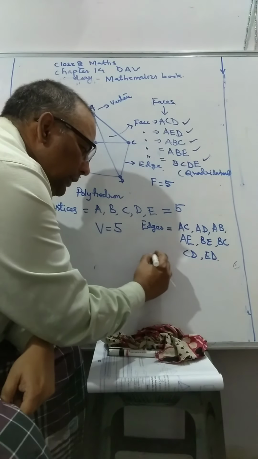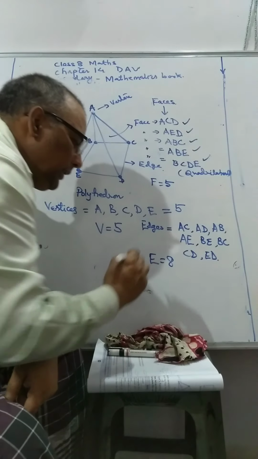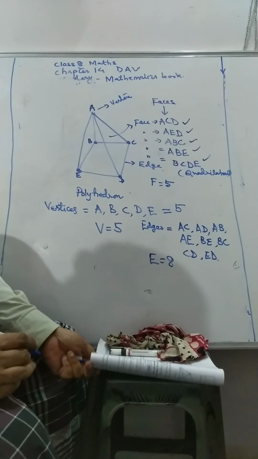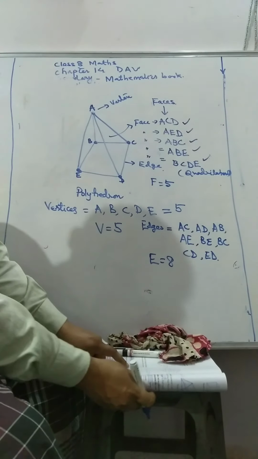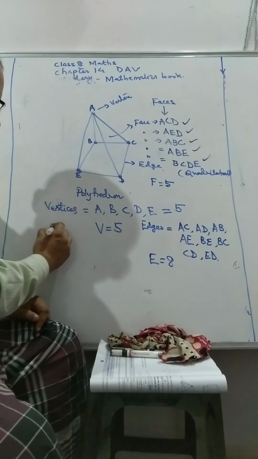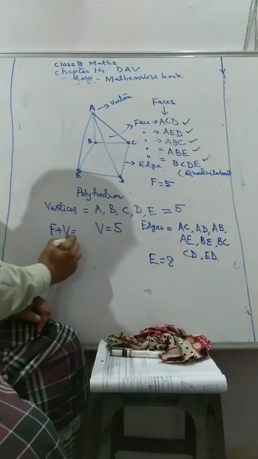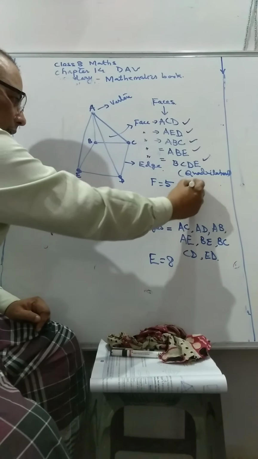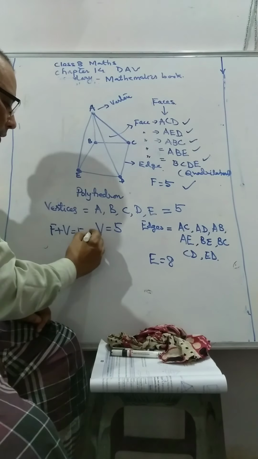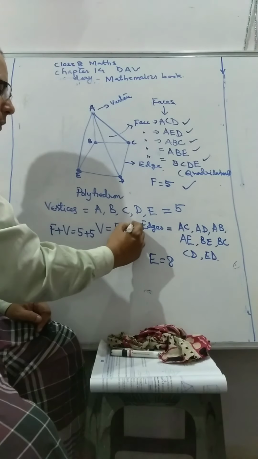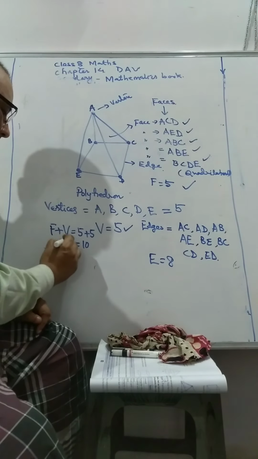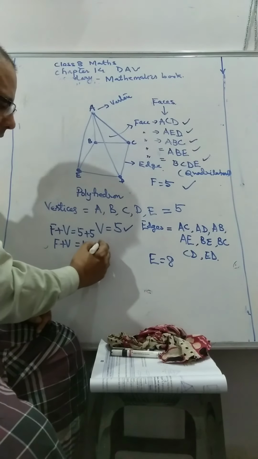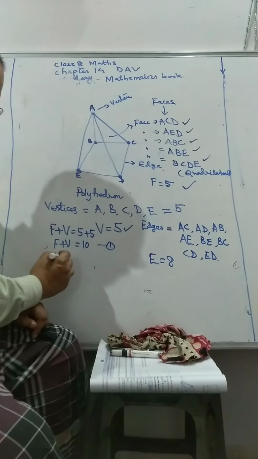So now E is equal to 8. Now we will see the number of faces plus vertices. The number of faces is 5 and the number of vertices is also 5, so we get 10. F plus V is equal to 10. This is taken as equation number 1.